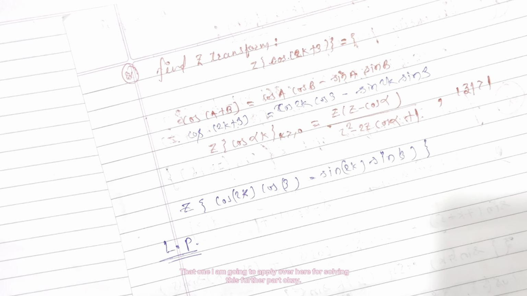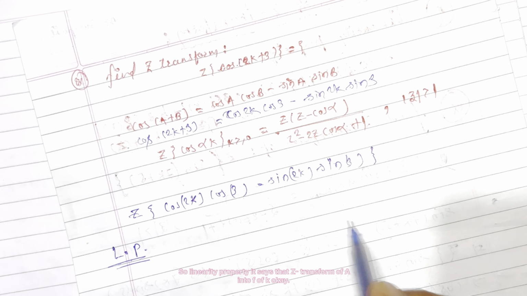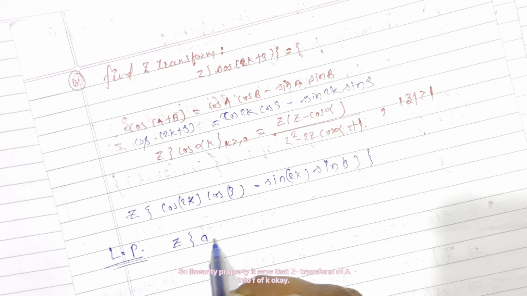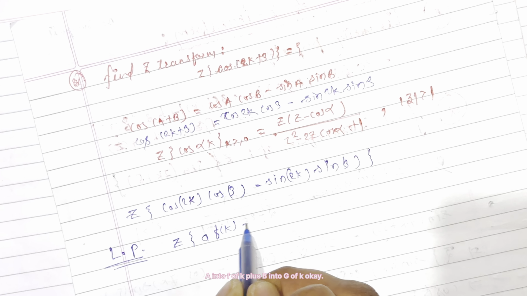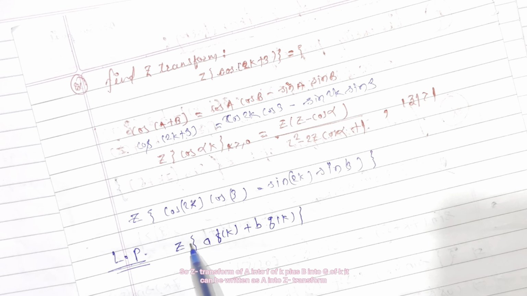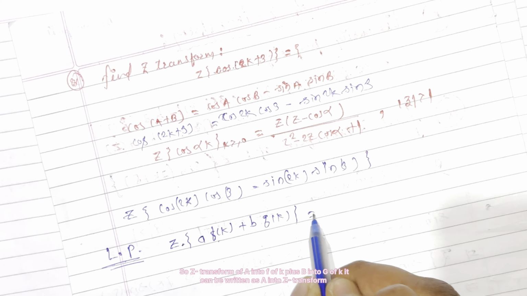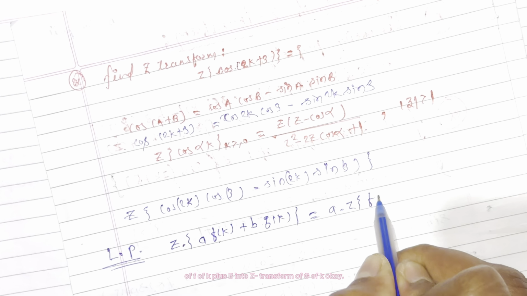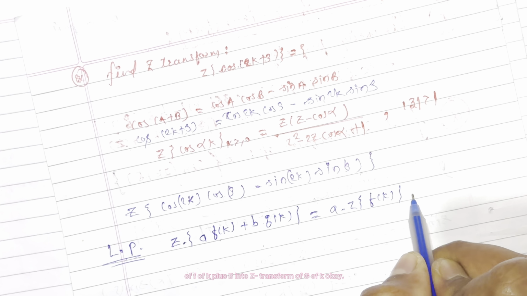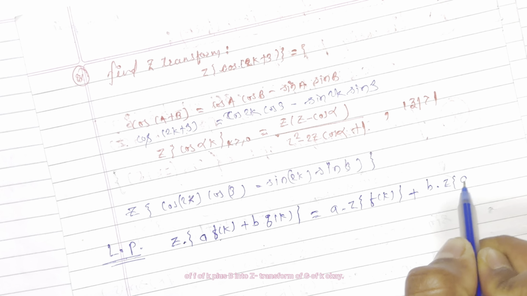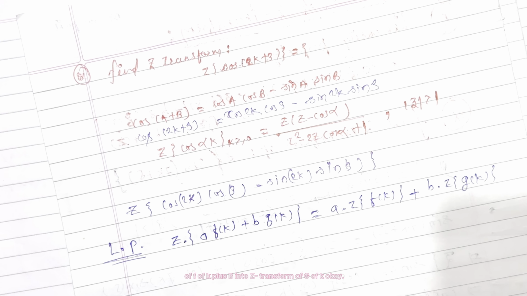The linearity property says that the Z transform of a f(k) plus b g(k) can be written as a times the Z transform of f(k) plus b times the Z transform of g(k).